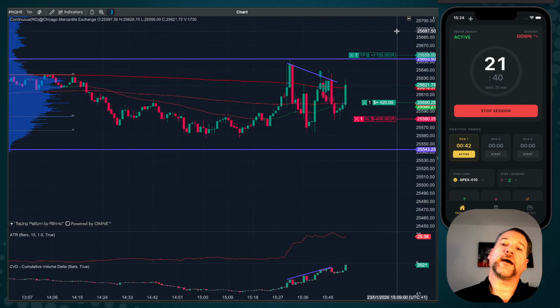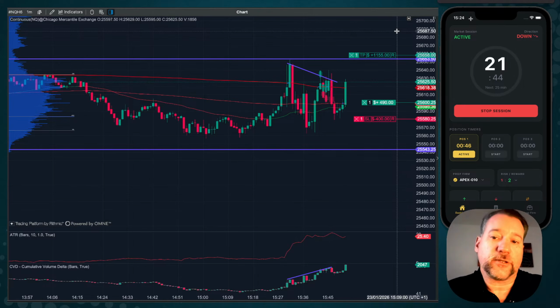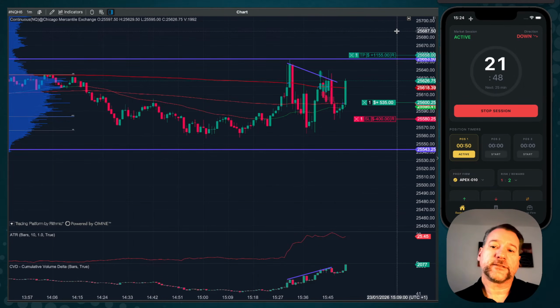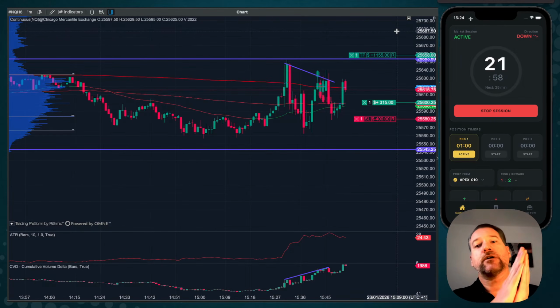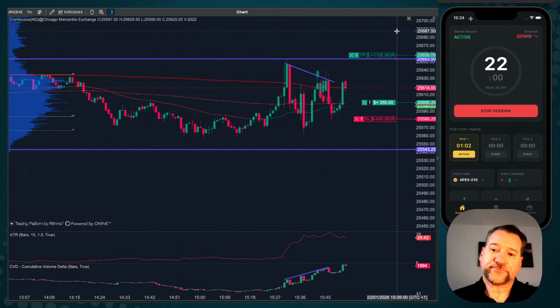Then you can dynamically manage your risk. This is how you trade, not how I trade. The app is not going to tell you how to trade. It's only going to allow you to manage these timings, to take the decision whether you're going long or short.